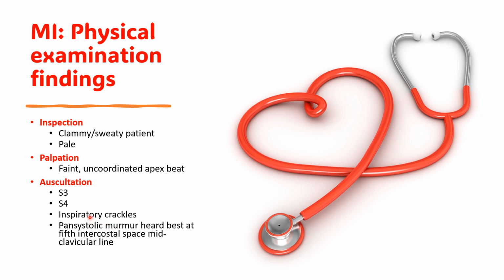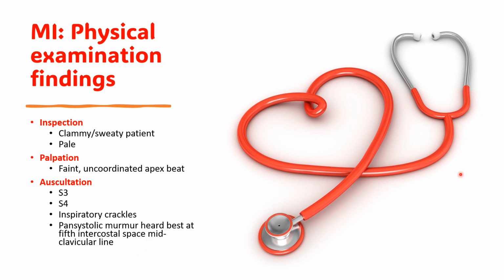Okay, and there might also be another pansystolic murmur, but that's best heard at the third or the fourth intercostal space, and typically a complication of an MI. You can have a ventricular septal defect, but that's a complication which we're going to talk about later in the video.